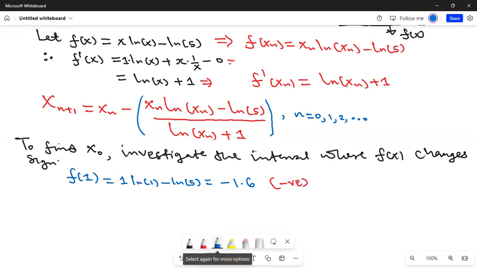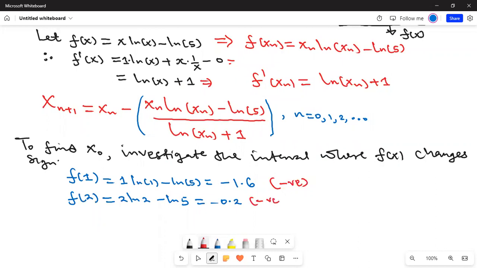Let's try with f of 2. That will be 2 ln 2 minus ln 5. Press that in your calculator. You need to get f of 2 equal to negative 0.2. Again, the sign is negative.